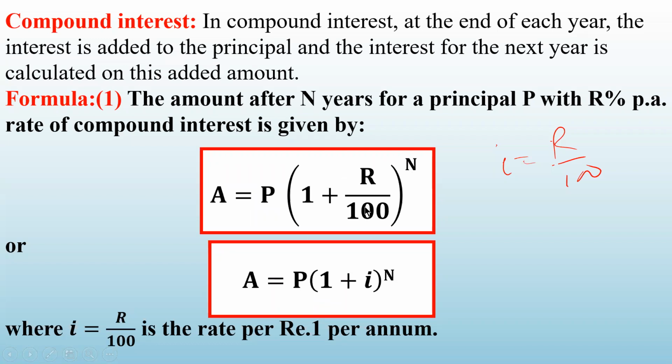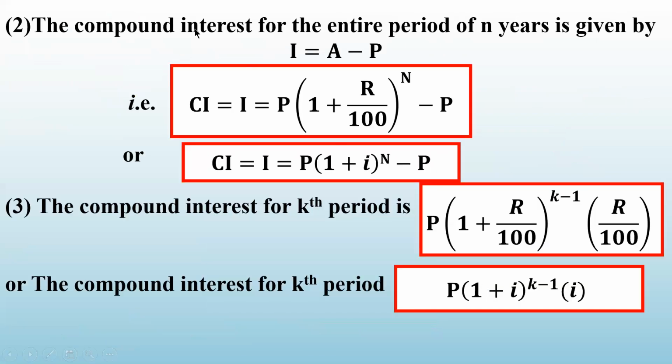If I put R upon 100 as I, which means I is the rate of interest per rupee, per annum, then A equals P into (1 plus I) raised to power n. Then the compound interest for the entire period of n years is given by amount minus principal.